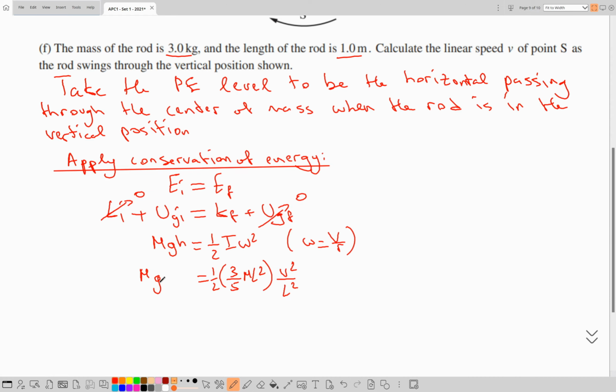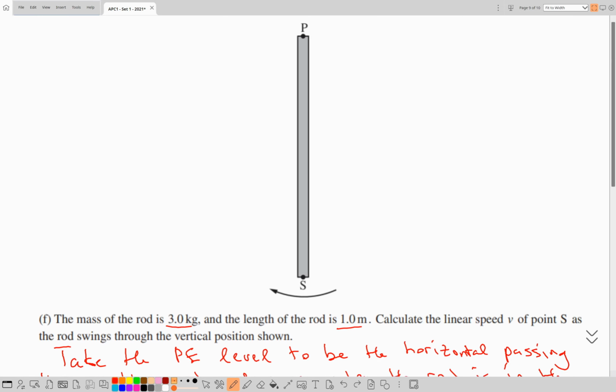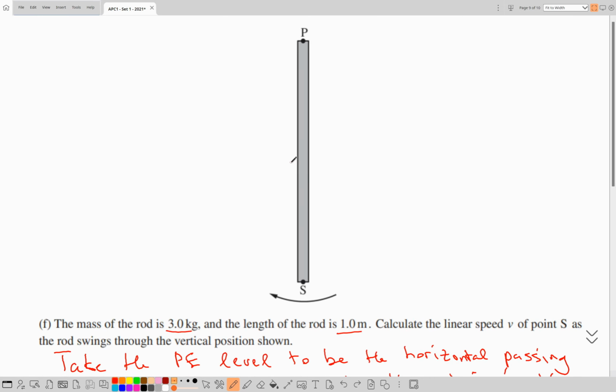Now in mgh, h represents the distance from the initial position of the center of mass to the PE level. Remember that the PE level has been chosen at the position of the center of mass in the final position. So the center of mass is given by 3/4 L, which is here.